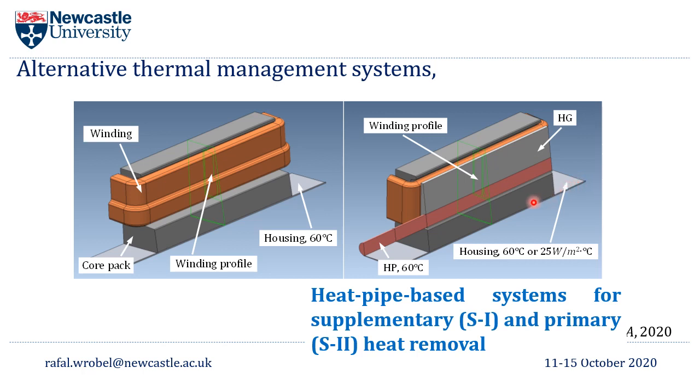uses both actively cooled housing and then heat pipe heat guide sub-assembly to assist. And the second system, where the heat guide heat pipe plays the primary heat removal role, and then the housing in that case is naturally cooled.